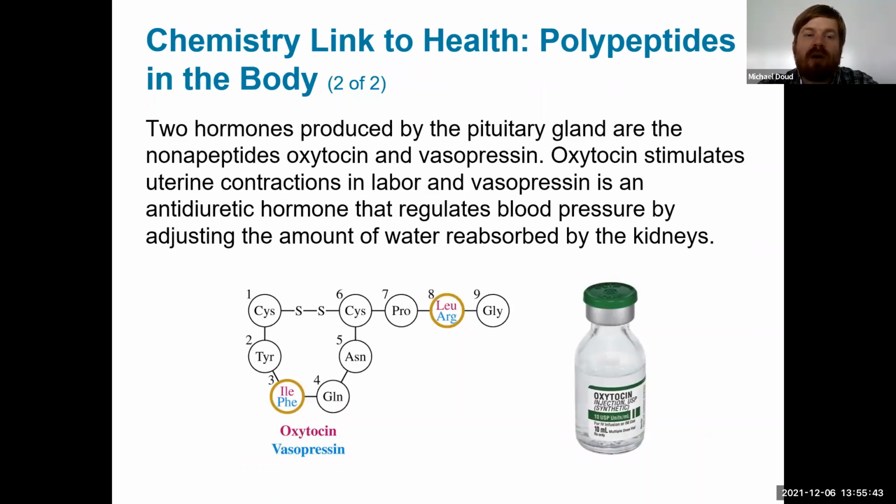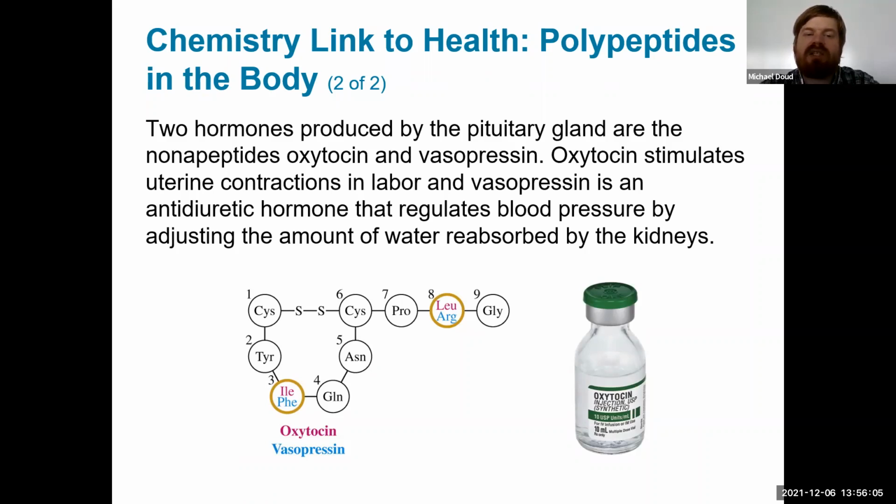So there's another couple of hormones that are polypeptides, oxytocin and vasopressin. Oxytocin is something that stimulates uterine contractions. So in order to kind of speed along labor or induce labor at the end of a pregnancy, you can give oxytocin. Vasopressin is an antidiuretic hormone.